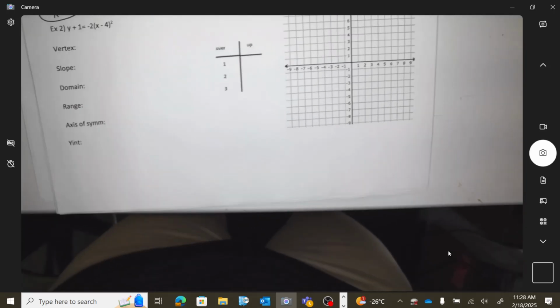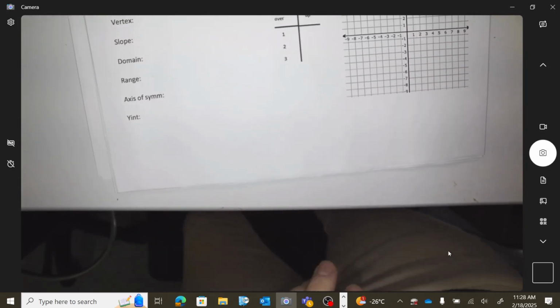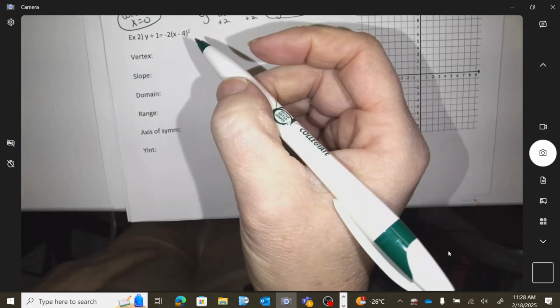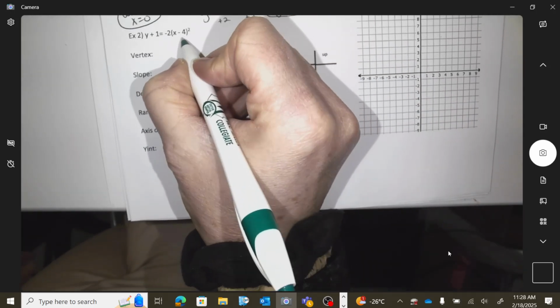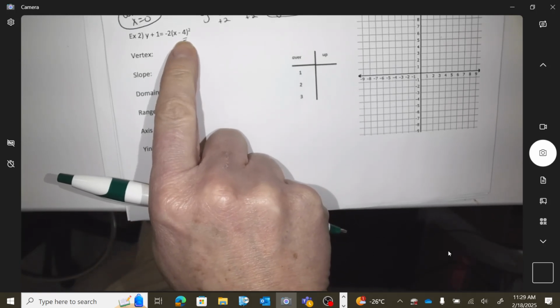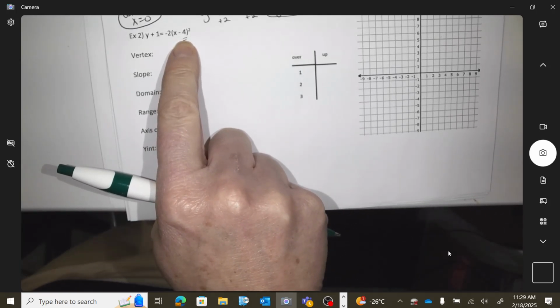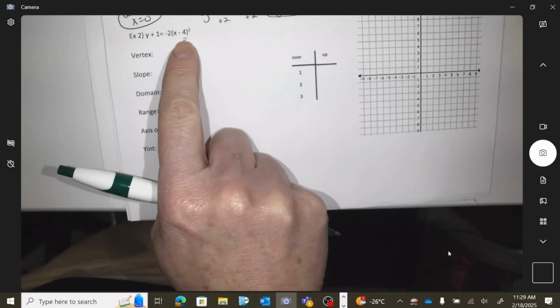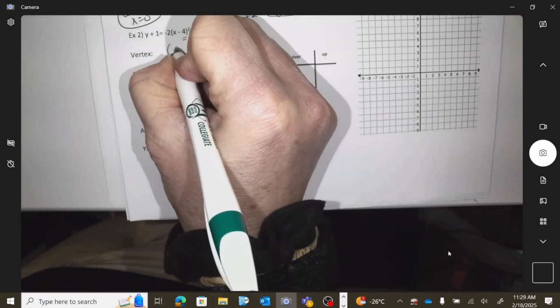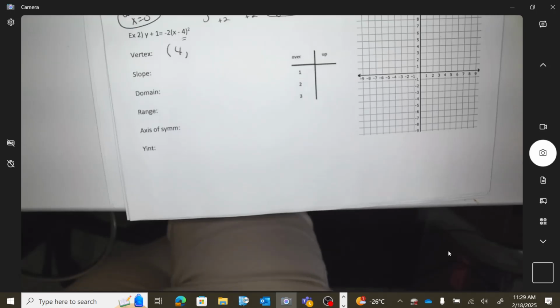Okay, let's look at the next question. Okay, vertex. Okay, so this one comes first. The one that's with the X comes first. So should I write 4 or -4? Which opposite, same? So you should have picked opposite.